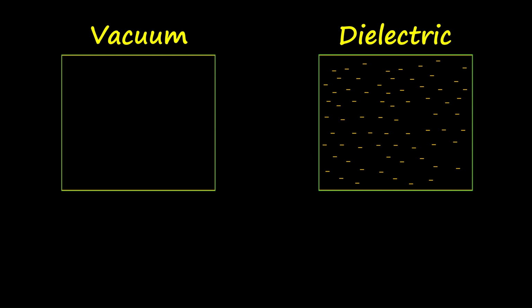Let us consider two media, one vacuum and the other one dielectric. For the vacuum, the permittivity will be epsilon naught, and for the dielectric, it will have some permittivity value. But what about susceptibility? Vacuum in the classical sense is an empty space, so there will be no polarization. Since there is no polarization, the susceptibility will be 0.